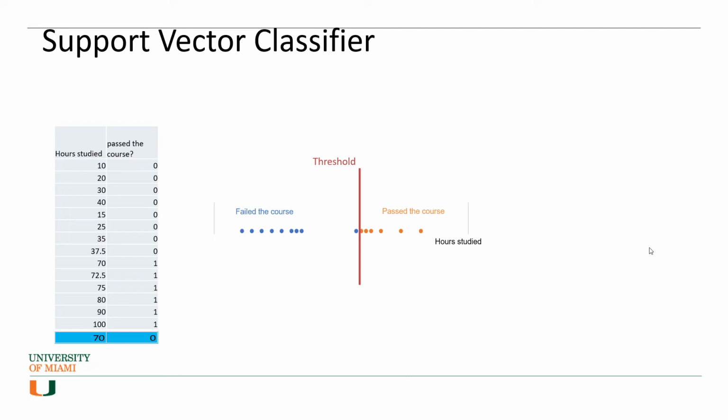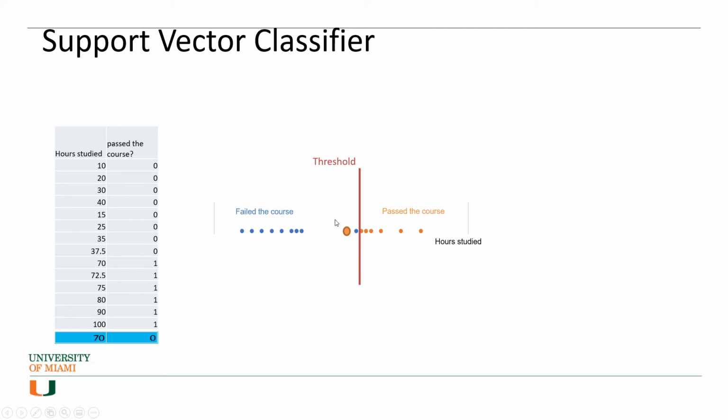In other words, the classifier is very sensitive to the outliers, and because of that sensitivity, when we find the classifier using our training data set, we are not going to be able to do a good job on the testing data set. So if, for example, there was a person who had studied these many hours that I'm showing with this new larger orange line and had actually passed the course, our classifier is going to classify it as a person that has failed the course.